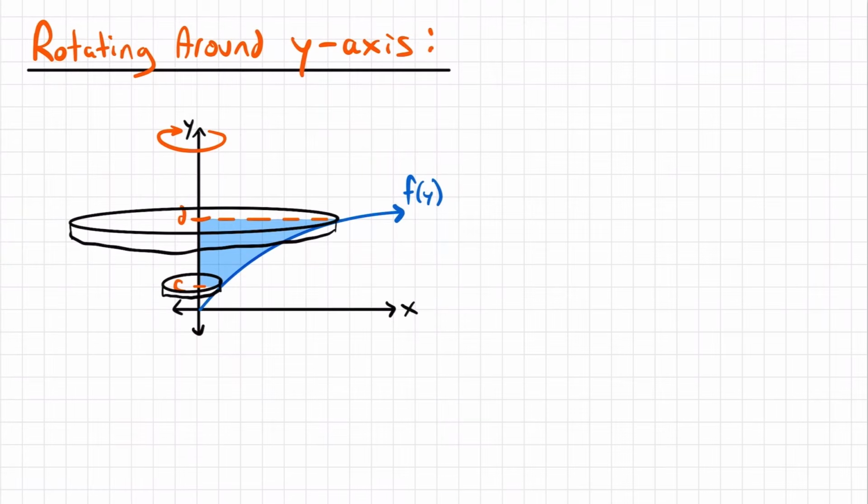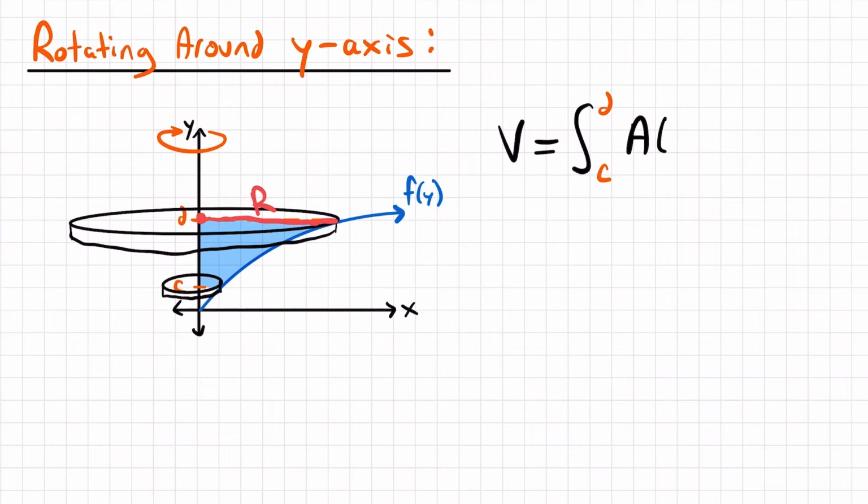And so, in this case, the radius of these disks would be the distance from the y-axis to that function f of y. And so if that's the radius, then the volume of this solid of revolution will be equal to the definite integral from c to d of the cross-sectional area.